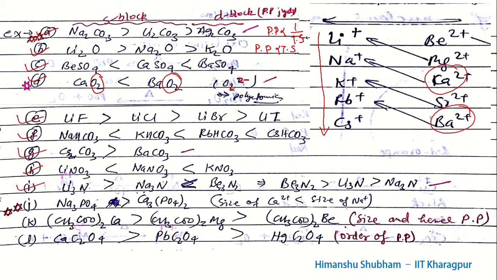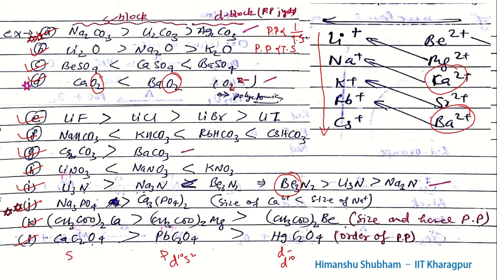Now in the I part, we have monoatomic anion, so here polarizing power and thermal stability would be directly related. Beryllium, having the least size, will have the greatest polarizing power and hence maximum thermal stability among these three. In the J part and the K part, we can deal with similar concepts. In the L part also, we have s block, p block and d block compounds here: Hg having a d10 configuration, Pb having a d10s2 configuration, and calcium having an inert gas configuration.